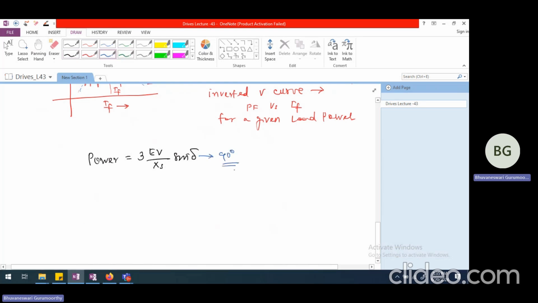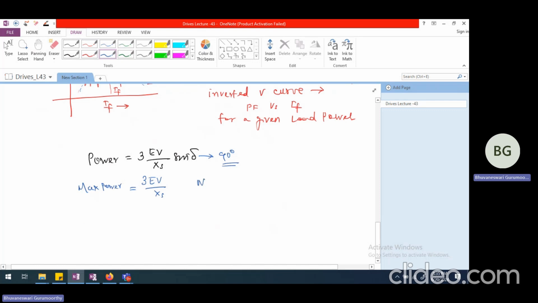It cannot be more than that. So when you slowly increase the load on a synchronous motor, you can go at the most to 3 times EV divided by XS. This is the maximum power that can be delivered by the synchronous machine.